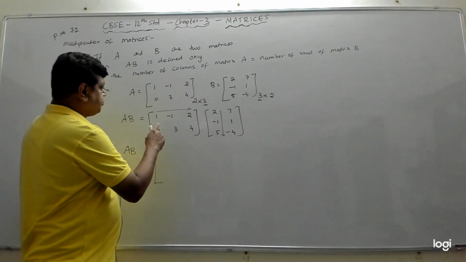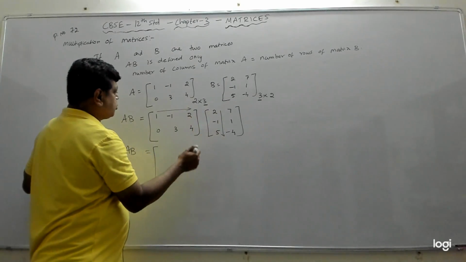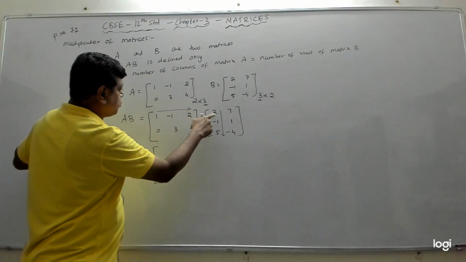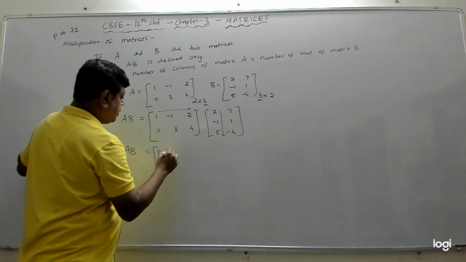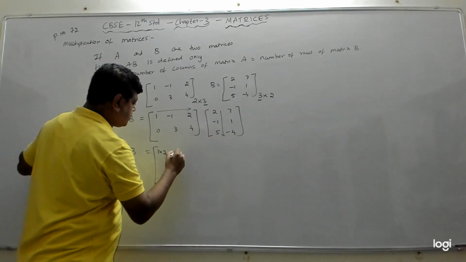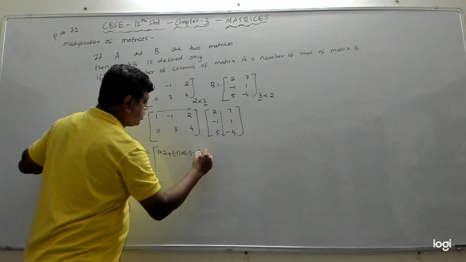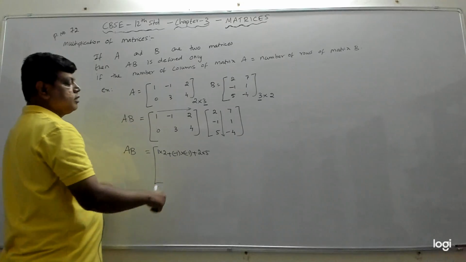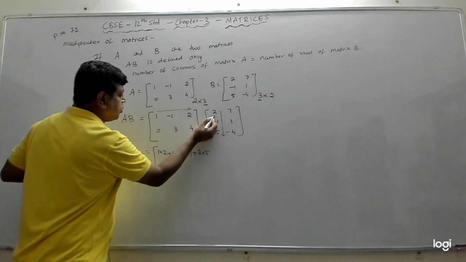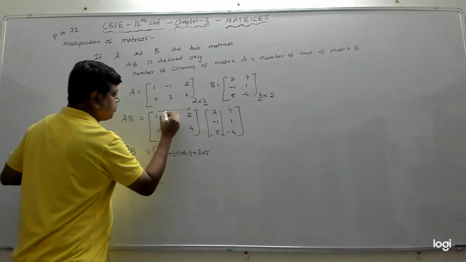So we have to take first row with first column. So 1 into 2 plus minus 1 into minus 1 plus 2 into 5. So this is the first element of the resultant matrix.